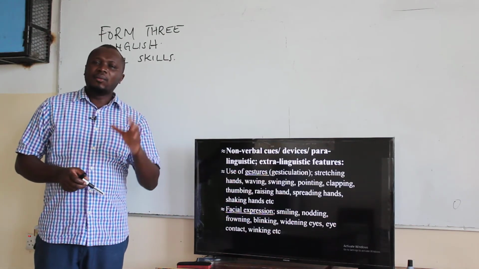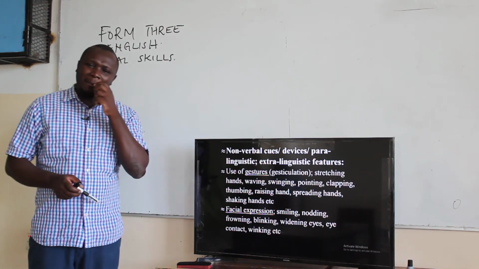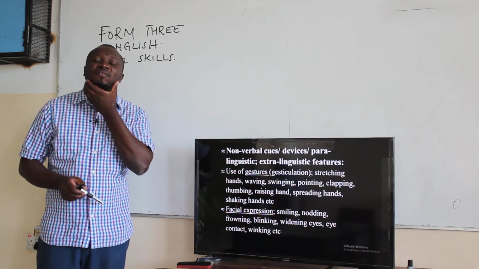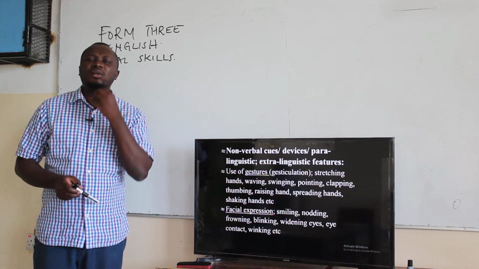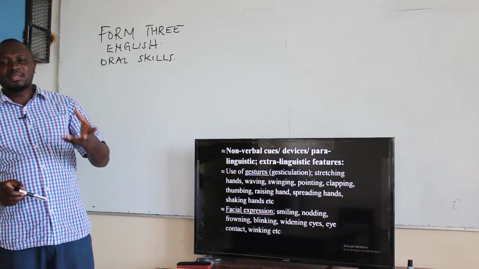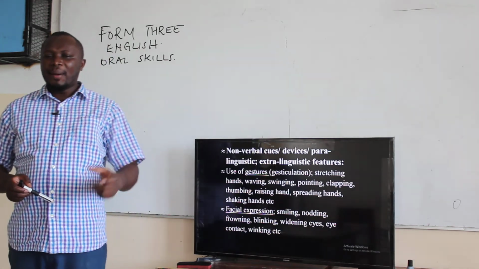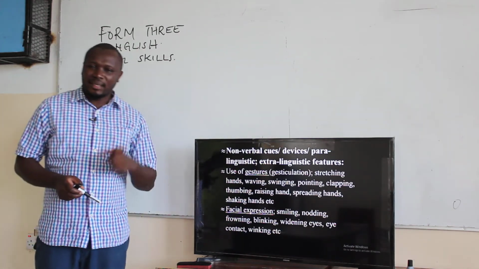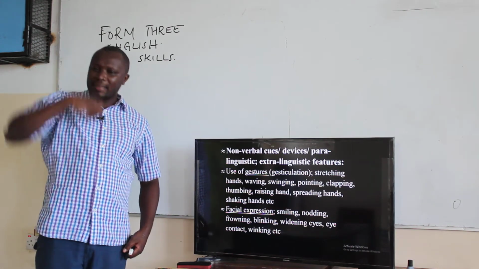Now, we have verbal and non-verbal. Non-verbal mostly do not involve the use of our mouth. We communicate without speaking. Non-verbal devices. We also call them paralinguistic or extra-linguistic devices, because they are extra to our verbal message.